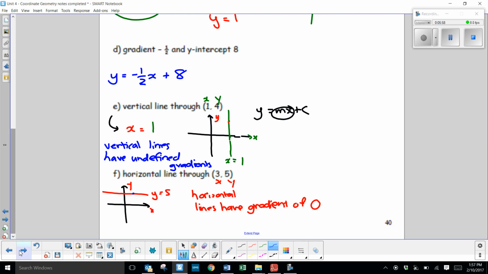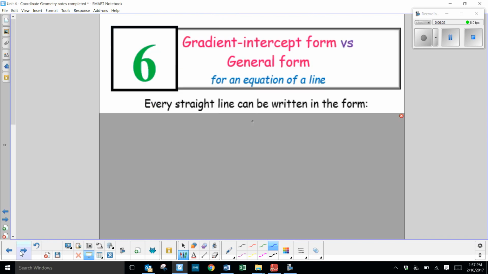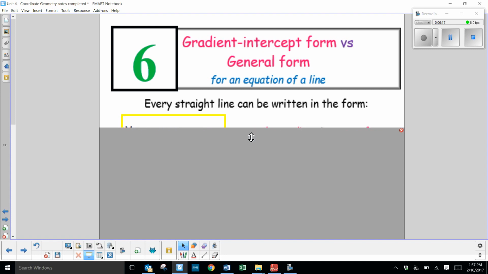Okay, gradient intercept form versus general form of the equation of a line. On the warm-up we were dealing with equations that were in what we call gradient intercept form. Every line can be rewritten in the form y equals something x plus c. So you might have realized what that is now. It's y equals mx plus c, which we call the gradient intercept form because it has a gradient.